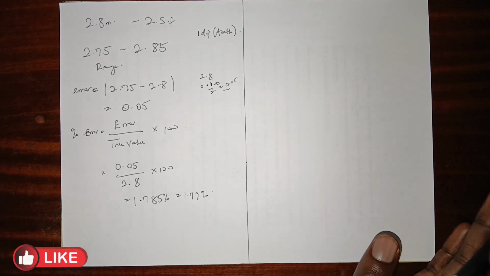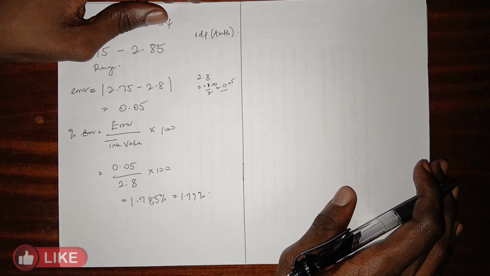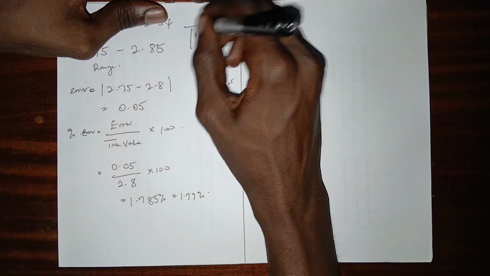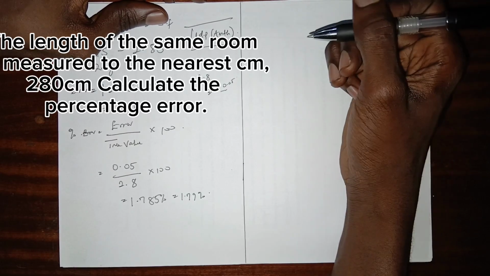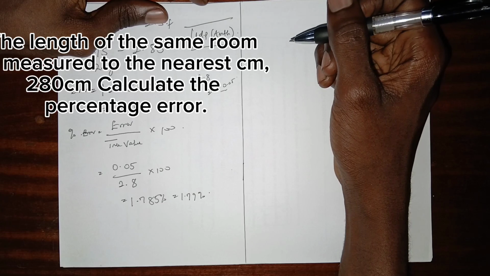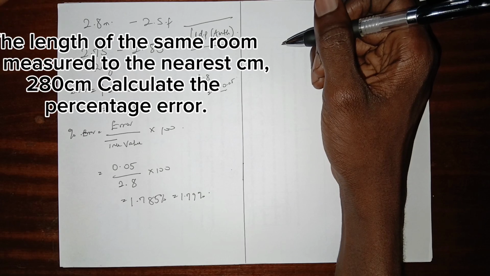Let's say, for example, suppose the length of the same room is measured to the nearest centimeter.